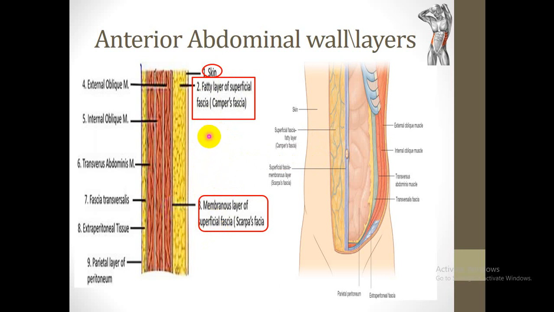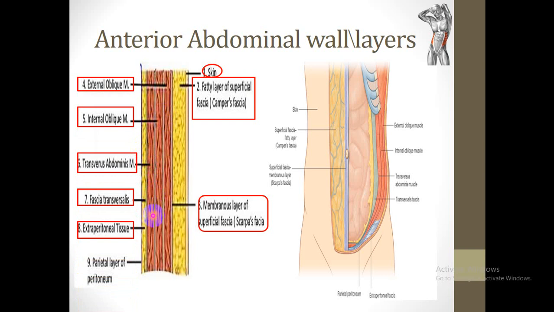So the third layer is the membranous layer of superficial fascia, fourth, the external oblique muscle layer, fifth, the internal oblique muscle layer, sixth, the transversus abdominis layer, and then the fascia transversalis. After that, the extraperitoneal tissue, and then the parietal layer of peritoneum.